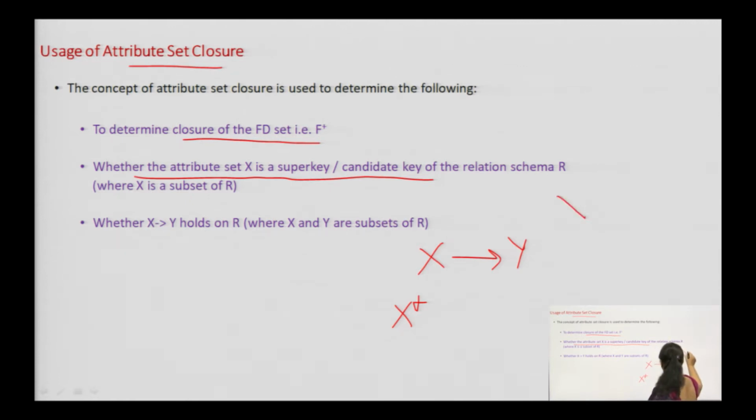That means, if I am given X to Y as a functional dependency, then we can use the attribute set closure to determine if X is a super key of the given relation or not, and also we can use the attribute set closure to determine if any FD X to Y other than the given FD holds on the relation R. So, let us look at all these three again.